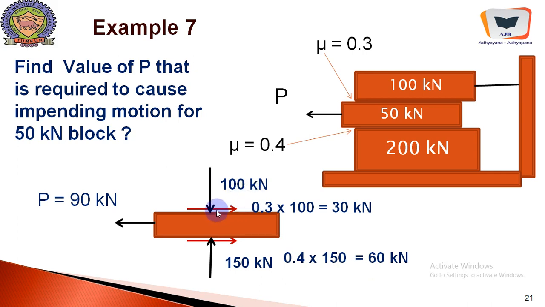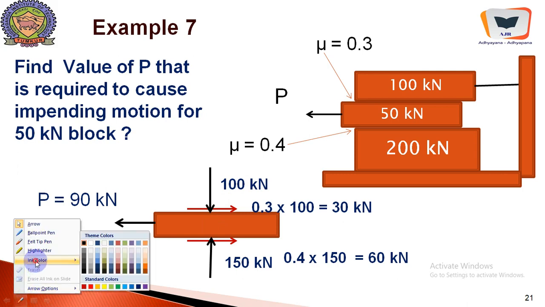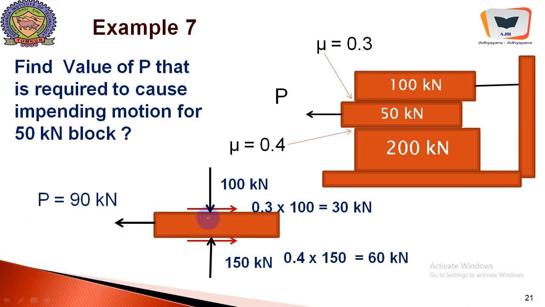This is the frictional force. Since it is showing the tendency to move leftwards, the frictional force is 0.3 into 100, 30 kilonewton. And at the bottom also, frictional force as far as this block is concerned will be developed like this. It is 0.4 into 150, because the normal reaction over here is 100 from the top plus 50 kilonewton, which is the weight, like this, which is 50 kilonewton.